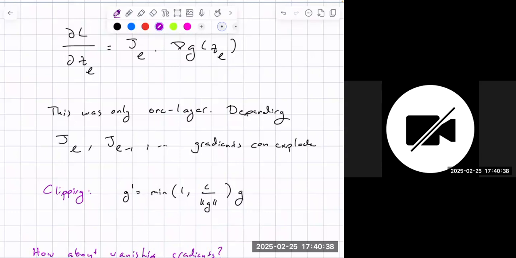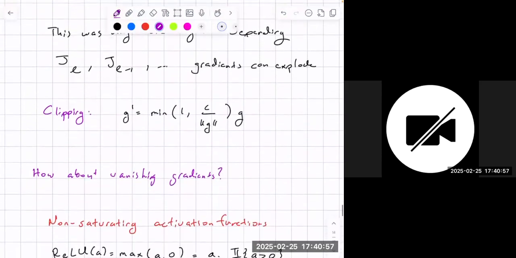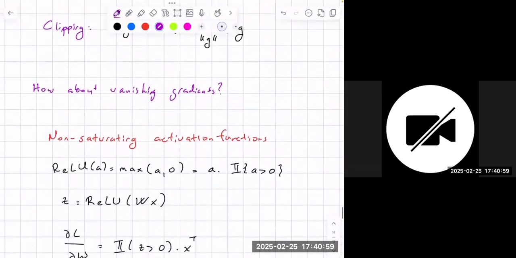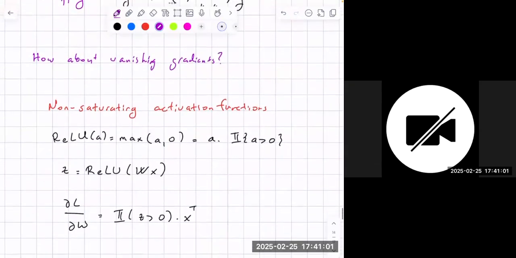G divided by its norm is going to make sure the norm is now 1. And you're multiplying it with half. So the norm of this new update is going to be half. So clipping takes care of a lot of exploding issues. Vanishing seems to be more tricky. Clipping is probably not the only trick, but it is good enough. Very good. It does the job most of the time.